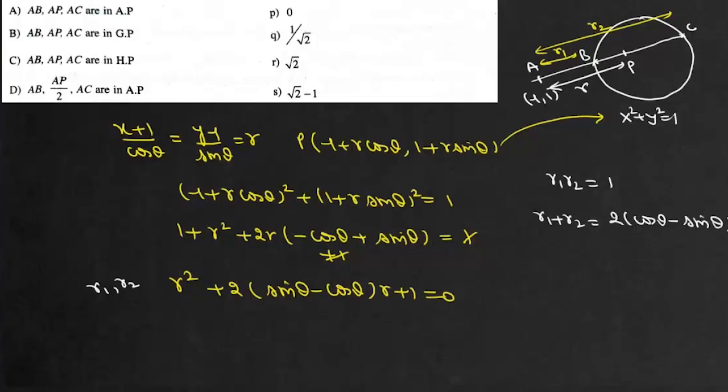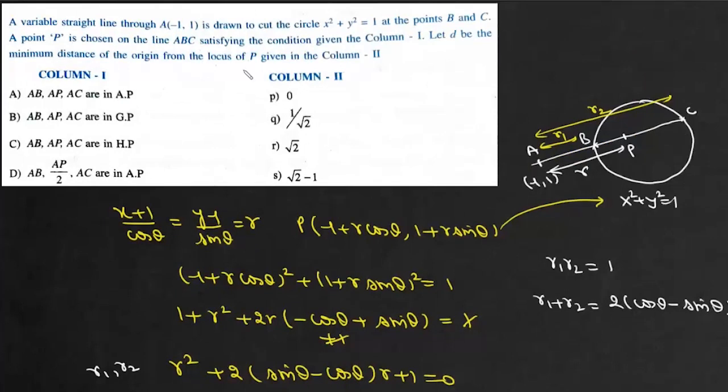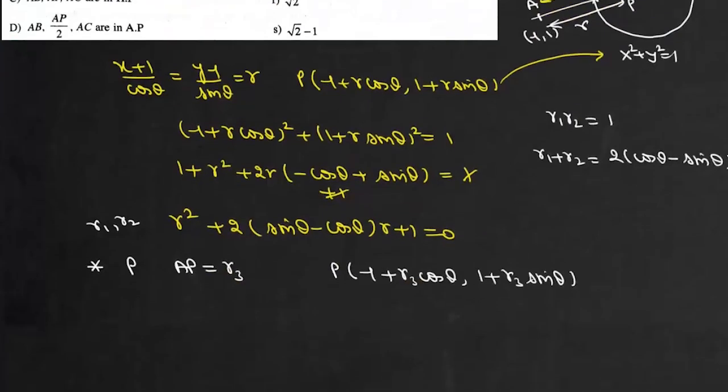Now we'll come to P in the context of this question, AB, AP and AC. So suppose we have this point P whose distance from A is R3. So now we can write coordinate of this point P as minus 1 plus R3 cos theta and 1 plus R3 sin theta, and we have to find locus of this point P. So since it is a locus problem, we'll take this point as alpha beta.